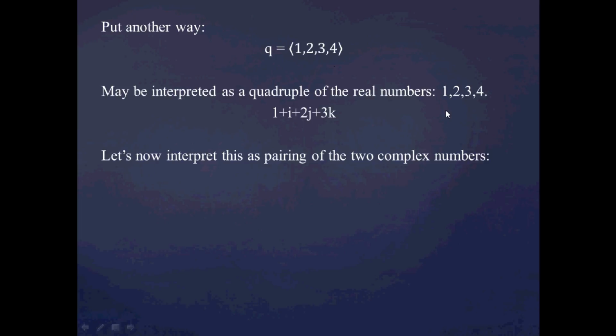That is, instead of interpreting this as the real numbers 1, 2, 3, 4, we're going to interpret it as the pairing of two complex numbers: 1 plus 2i and 3 plus 4i. So we're going to pair these two complex numbers together into an ordered pair and call that a quaternion. Now this is a slightly different interpretation, and this is what we're going to explore in this video.